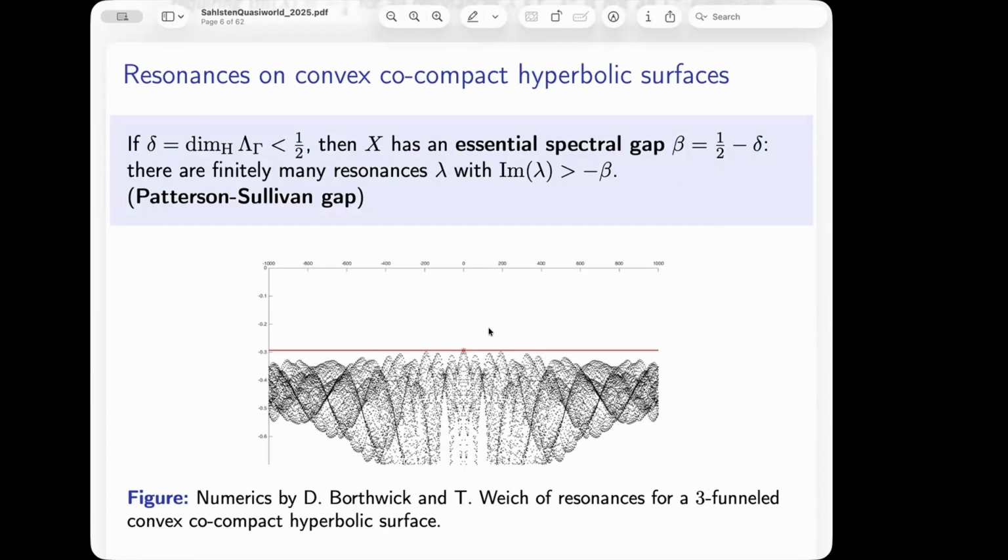That means there are no resonances above this line. In the Riemann zeta example, they are conjectured to all be on the line imaginary part -1/4. But for general surfaces, they can lie around everywhere. But you can always find one gap with the dimension theory.